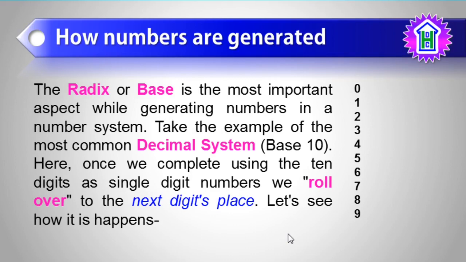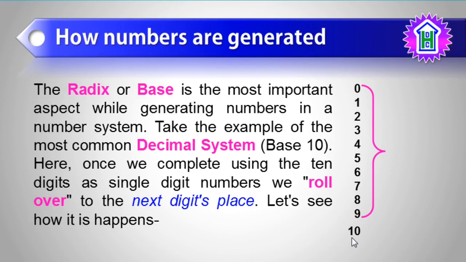So for this, the first place or unit place will be reset to 0. So we have completed one cycle of the number system. So we get the number 0 in unit place, and as we have completed one cycle, we are putting 1 in front of 0, that is 10.